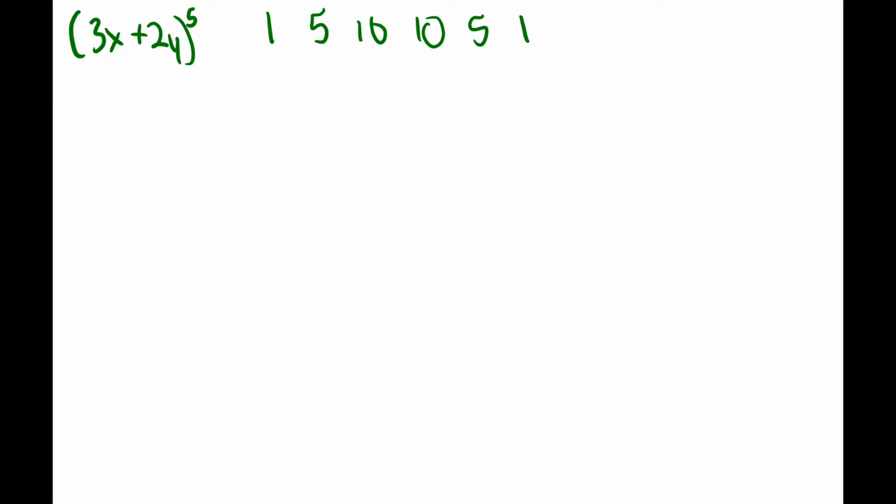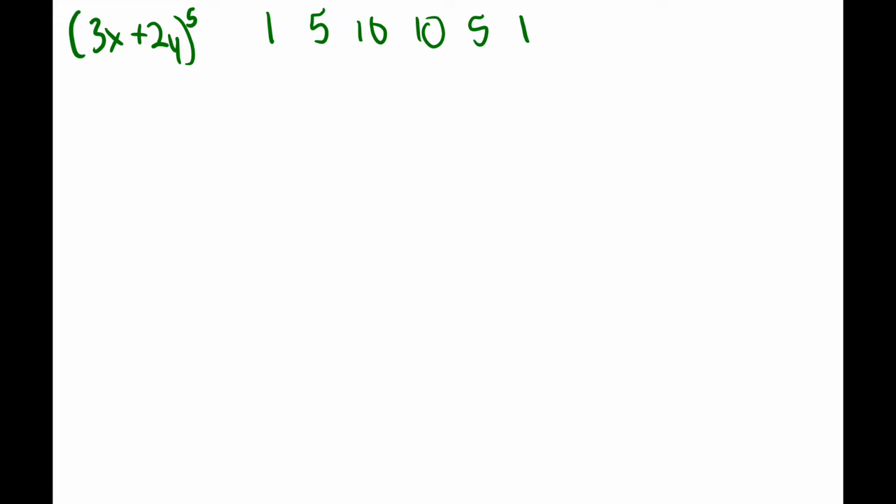So my 1 here is 5C0. The 5 is 5C1. The 10 is 5C2. The next 10 is 5C3. Then the 5 is 5C4, and the 1 is 5C5.